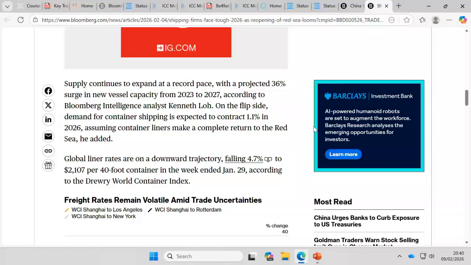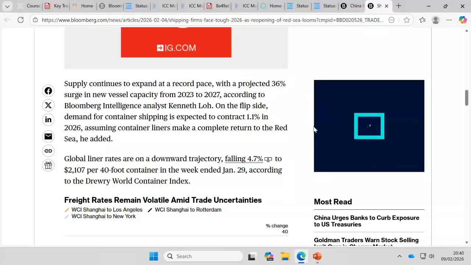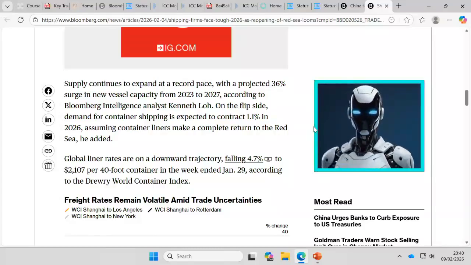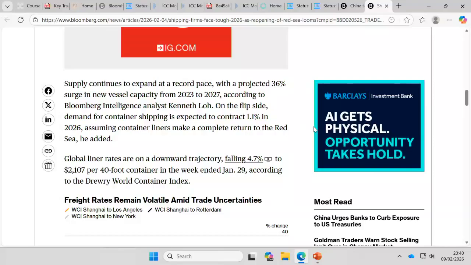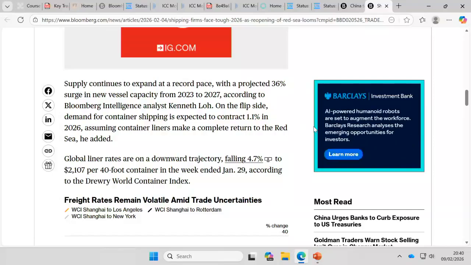So from the standpoint of ships as a commodity, we're actually in a dramatic expansion, but on the flip side, demand for container shipping is expected to contract 1.1%, assuming container lines make a complete return to the Red Sea.